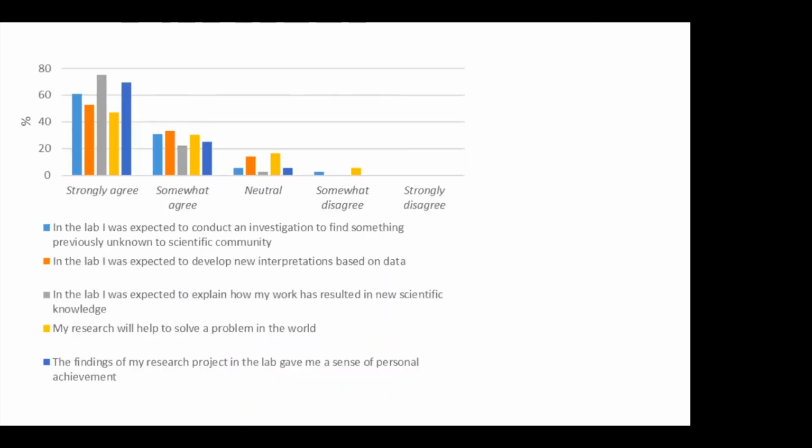So while not all students get hooked by research, and they may not go further, what is clear is that almost all of them understand that they're involved in a research project and they're creating new scientific knowledge, and that the findings of their research project were giving them a sense of personal achievement.